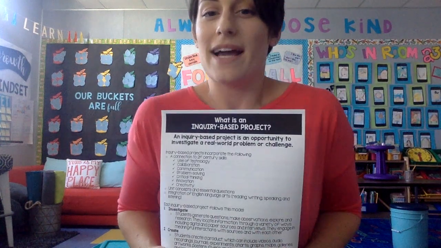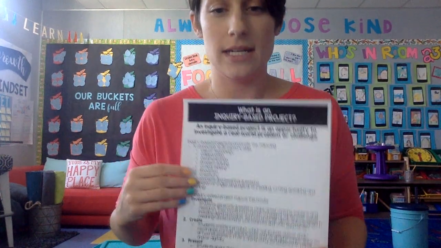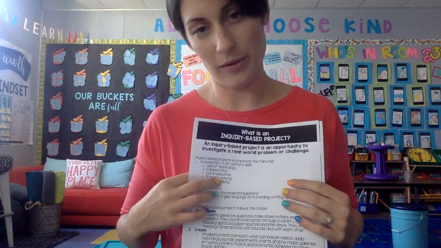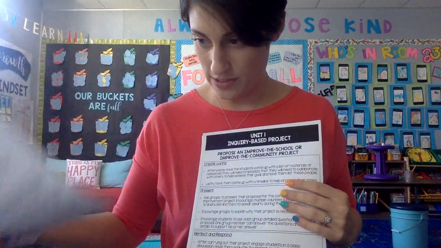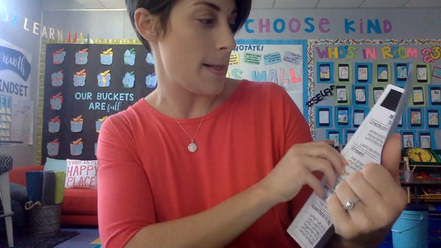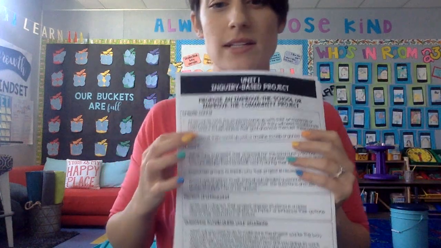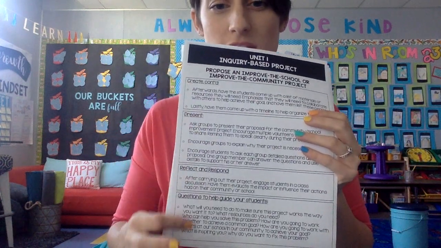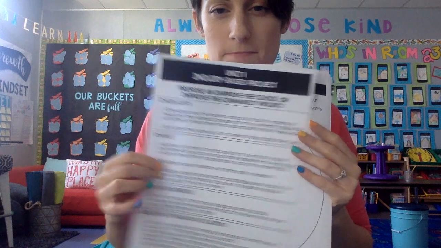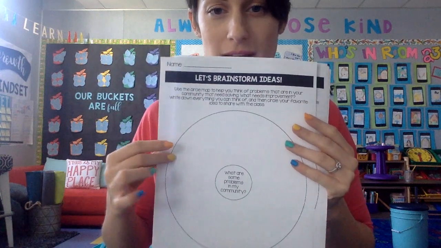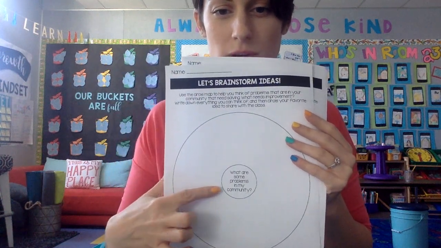And so I created this little packet to help guide my kids. I'm going to be uploading it, so if you're interested, I can put the link. This outlines basically what you as the teacher are going to be doing step by step. Brainstorming ideas. This is for if you want to do improve the community.